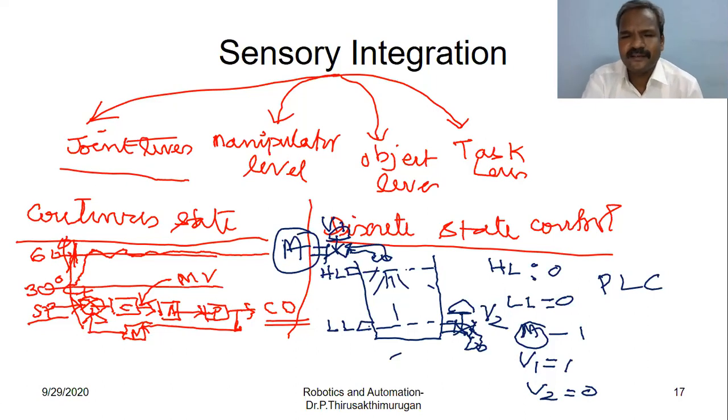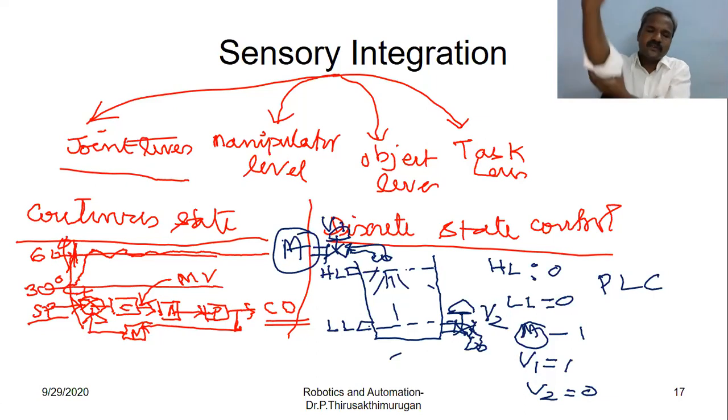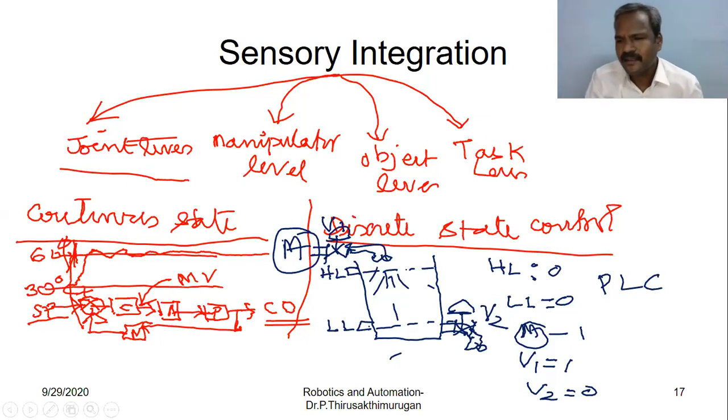Then the manipulator level. You know, these are all joints, and between joints are links. When links along with joints are together, it is called the manipulator level. Manipulator level programming is a little bit higher.